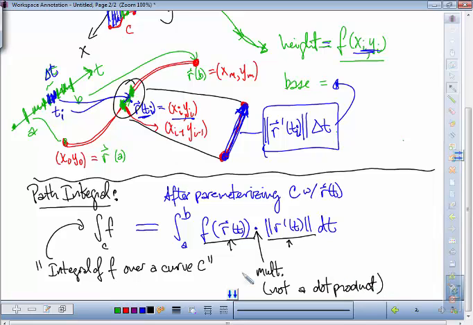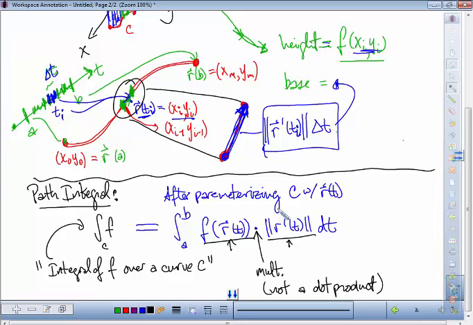And I need to point that out now because our next integral will be a dot product. Okay? This here is a path integral. f is a scalar function, and r is the parameterization of a curve.